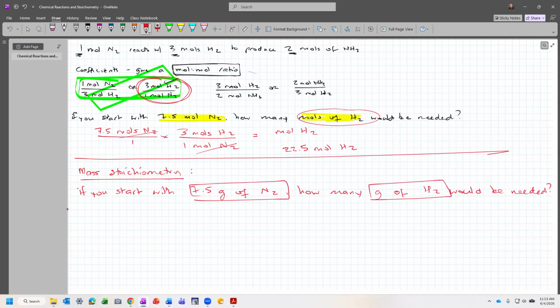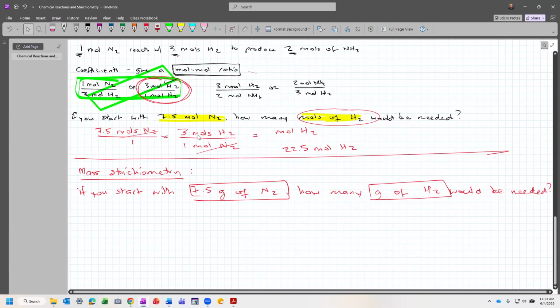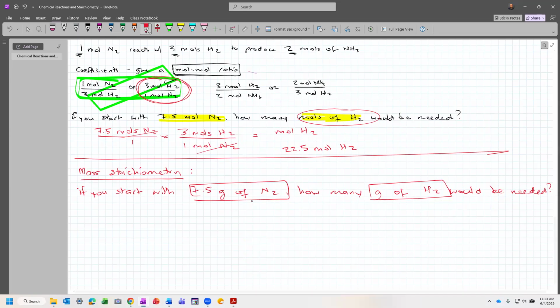Well, the balanced equation doesn't give you a gram to gram relationship. It doesn't give you a mass to mass relationship. It gives you a mole to mole relationship, which we've used before. But we're given grams. So in order to use the equation, we have to get to moles. So that's the key thing when it comes to every stoichiometry problem, get to moles. Okay, because then the whole equation opens up.